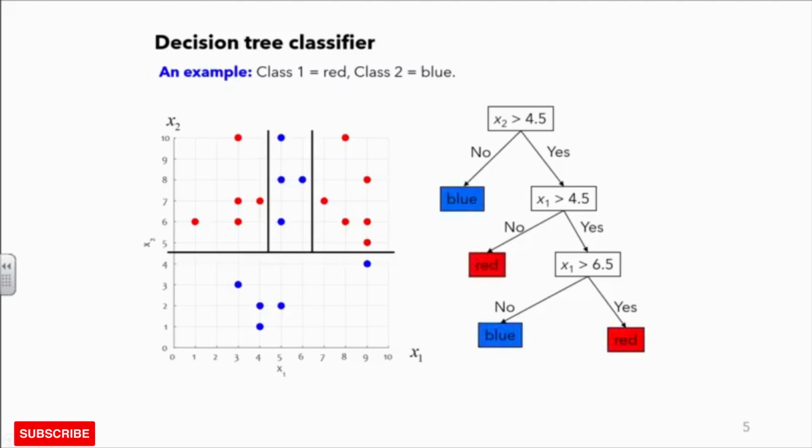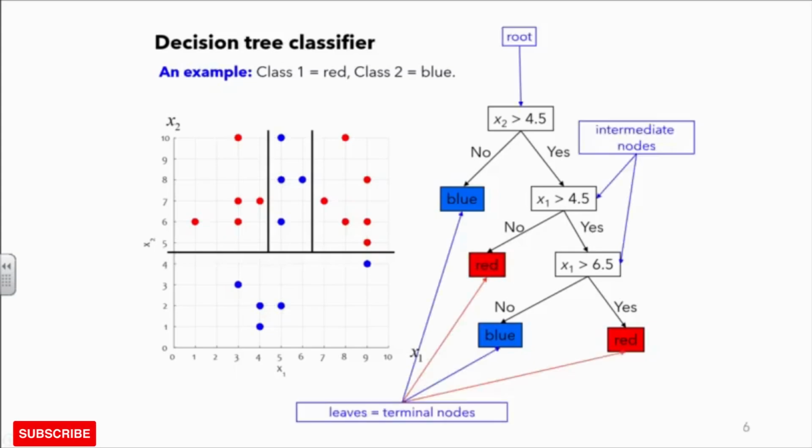And now we'll be able to classify new objects. So these are the terminal nodes or leaves. Here are intermediate nodes. And here at the top, this is our root.